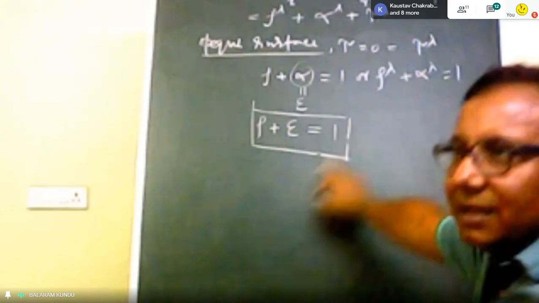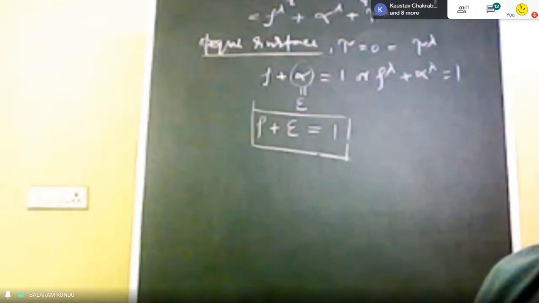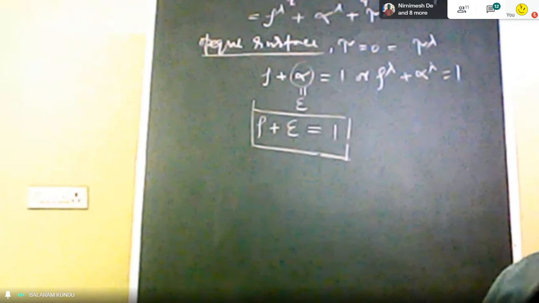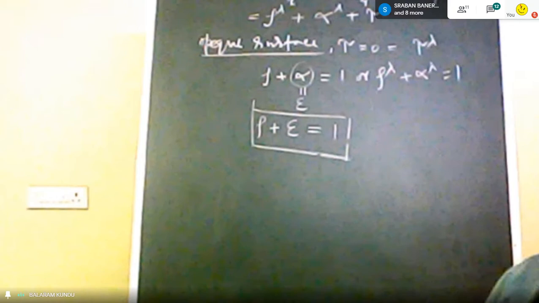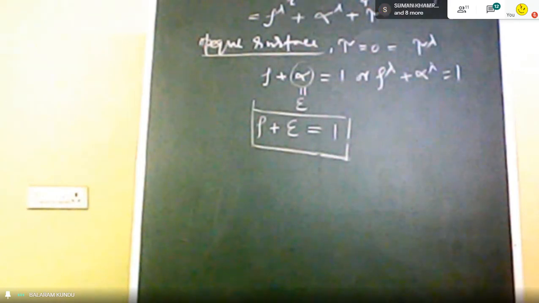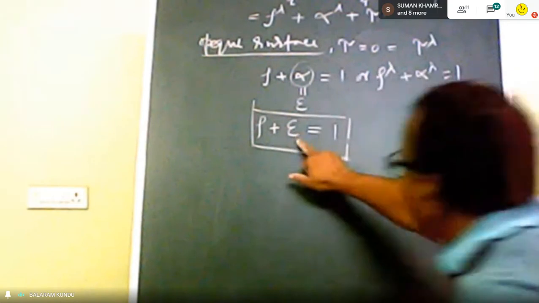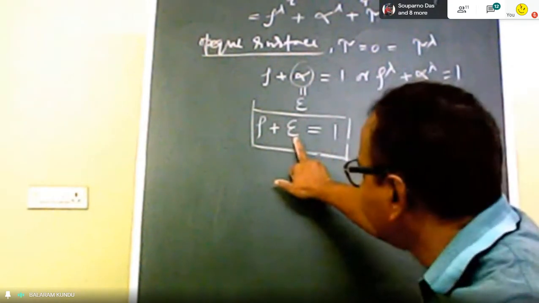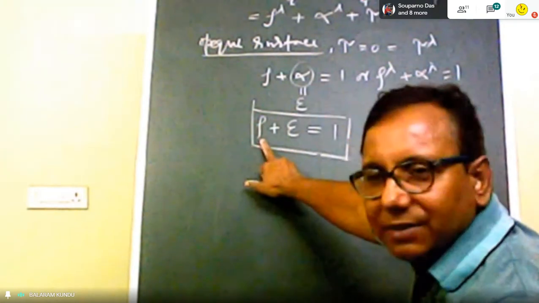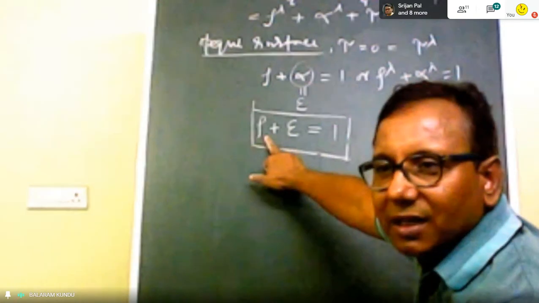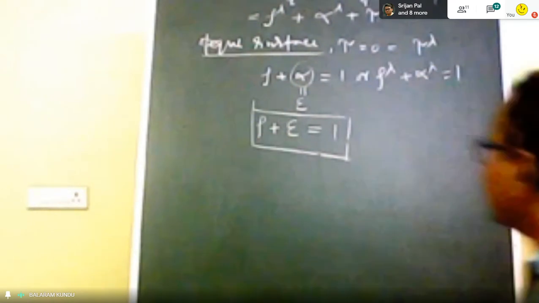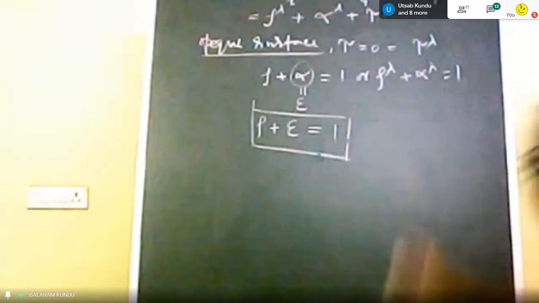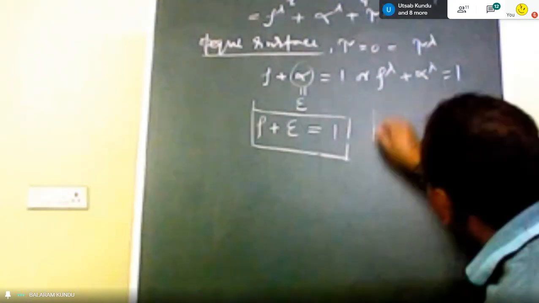So rho equals 1 minus epsilon. Reflectivity, or hemispherical reflectivity, equals 1 minus hemispherical emissivity. Epsilon here means emissivity, sometimes called hemispherical emissivity, and rho reflectivity sometimes called hemispherical reflectivity. Another notation is there.